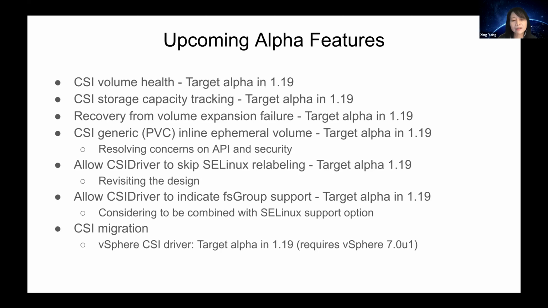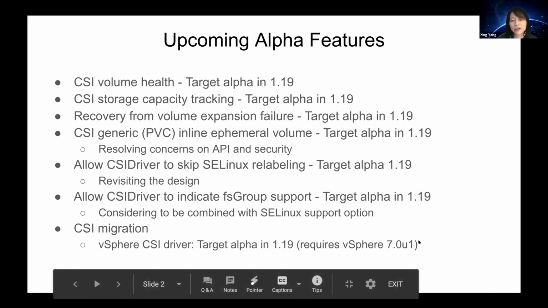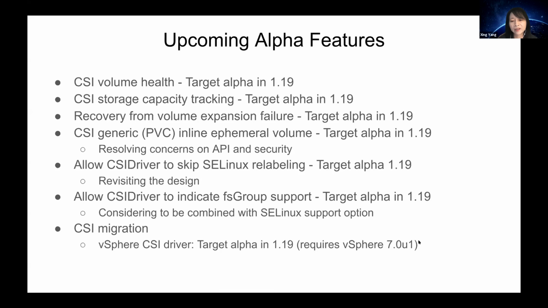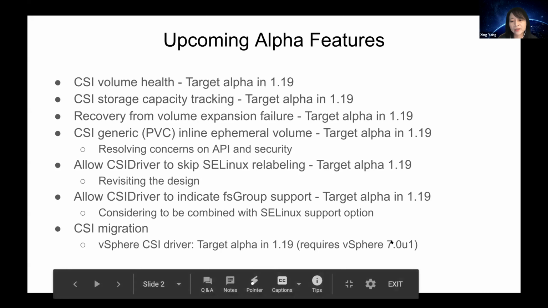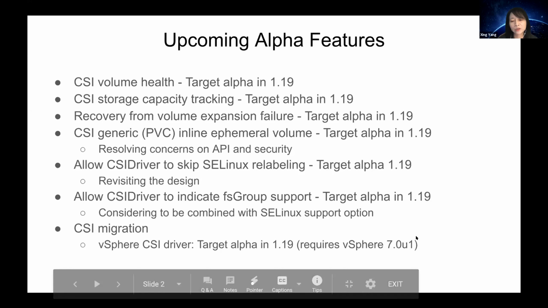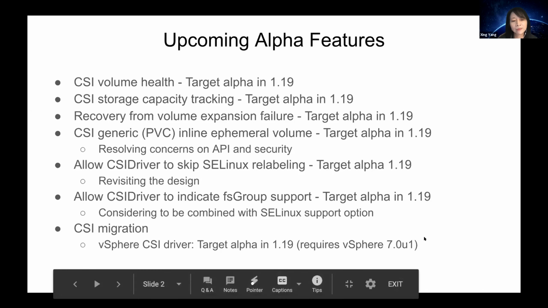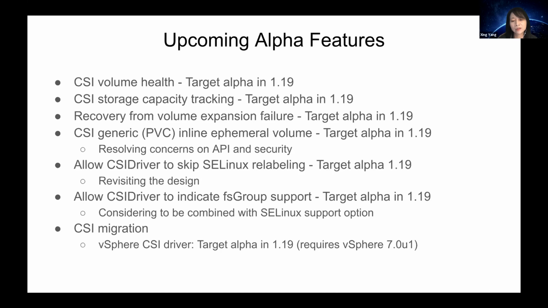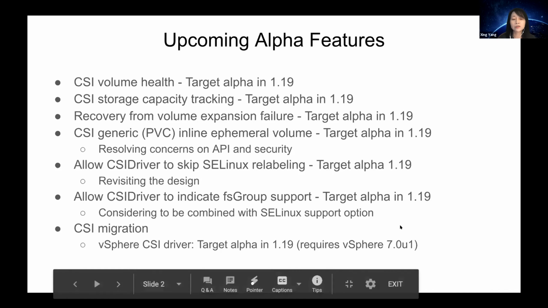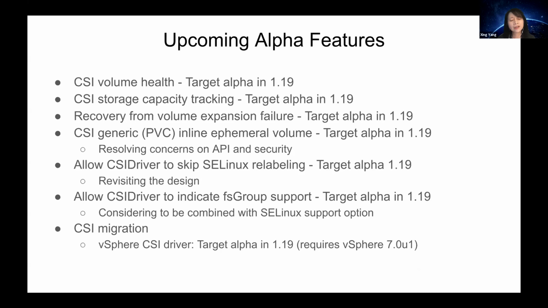I think the problem right now we are trying to find out, maybe you also have some information on this: we don't know how many customers are still at earlier versions, and whether it is possible for them to upgrade to 7.0.1. If not, then we need to figure out some other ways. Our CSI driver itself can support lower versions, 6.7, I forgot which, U3.